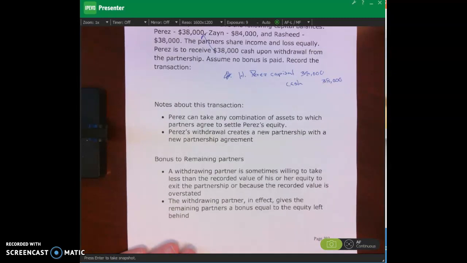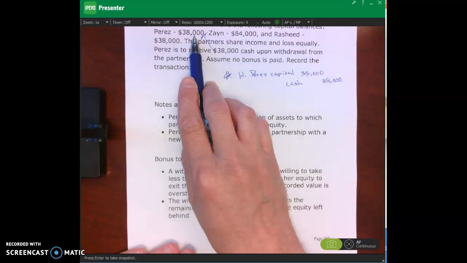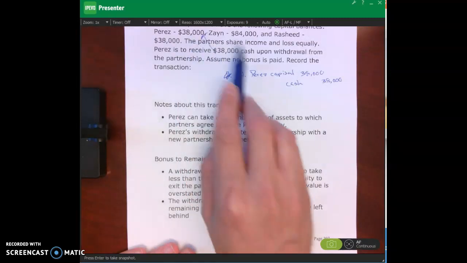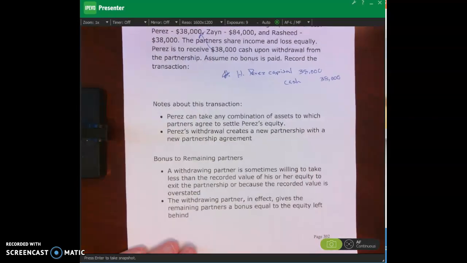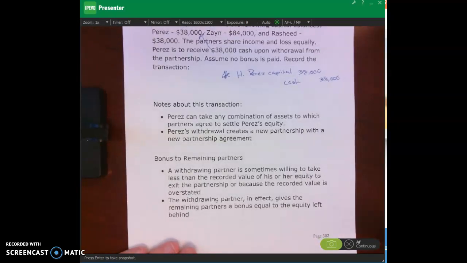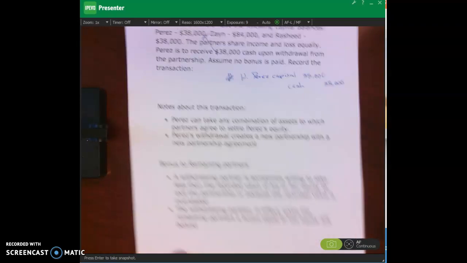Maybe they really want out of the partnership, maybe the partners are difficult to work with. So rather than taking $38,000 cash, Perez says, I'll take $30,000 and give up my $38,000 equity. Let's look at that situation on the next page.